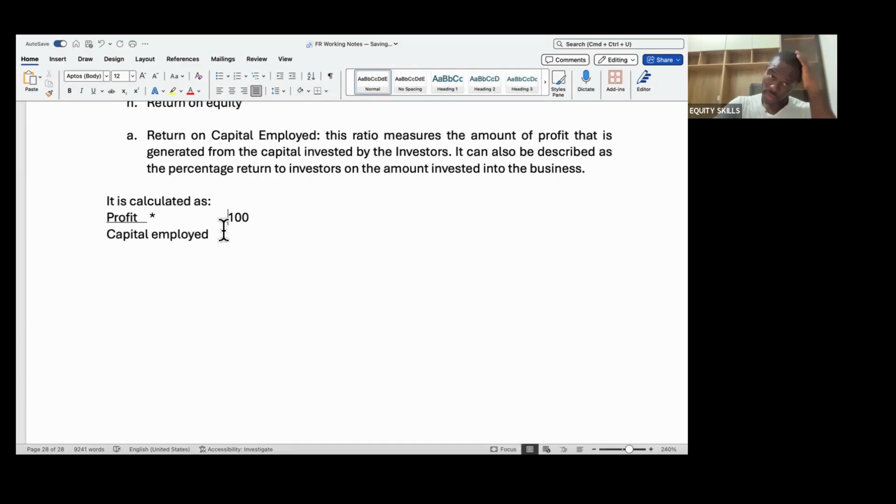So which profits are we talking about here? So which profits can we use?